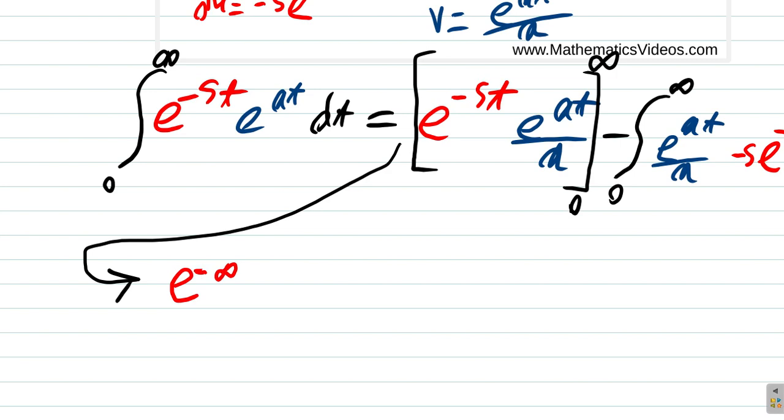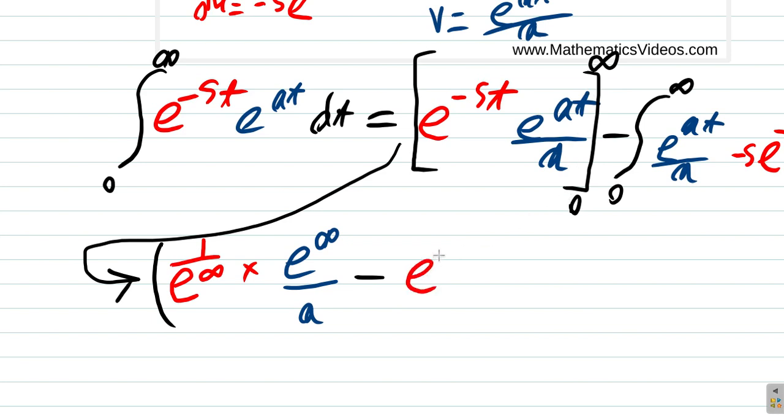But e to the negative infinity is 1 over e to the positive infinity, that multiplies e to the at, a times infinity is infinity, over a, minus, let's put in the lower boundary: e to the negative s times 0 is e to the 0, and that multiplies e to the at, which is e to the a times 0, which is e to the 0, over a, minus what now?